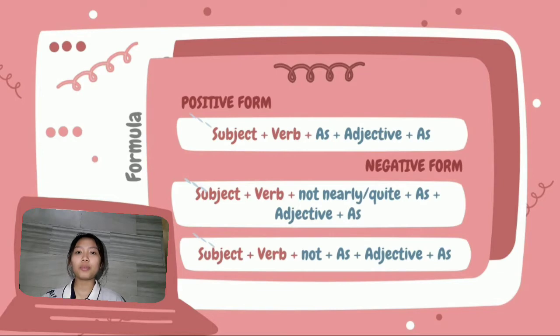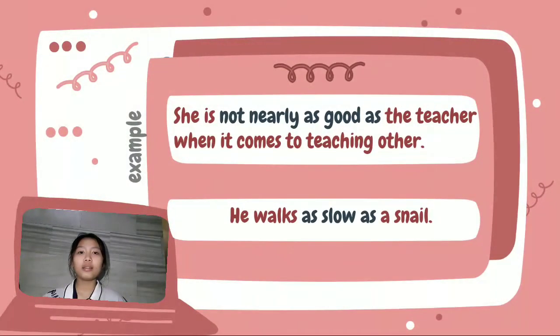And for the negative form, subject plus verb plus not nearly or not equal plus as plus adjective plus as, or subject plus verb plus not plus as plus adjective plus as. For the example, she is not nearly as good as the teacher when it comes to teaching others.